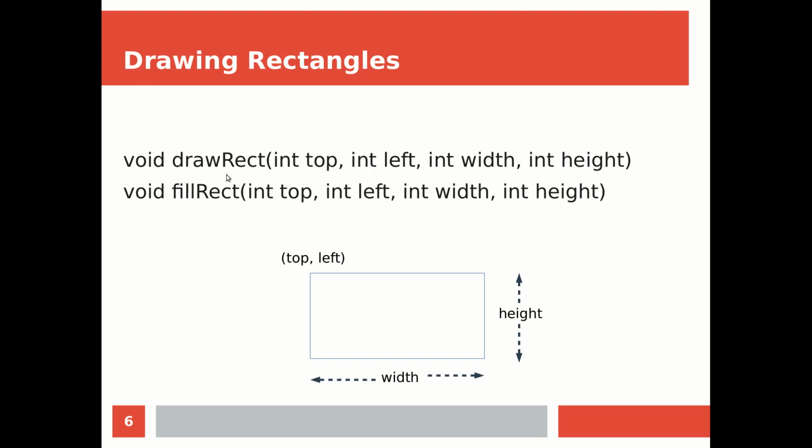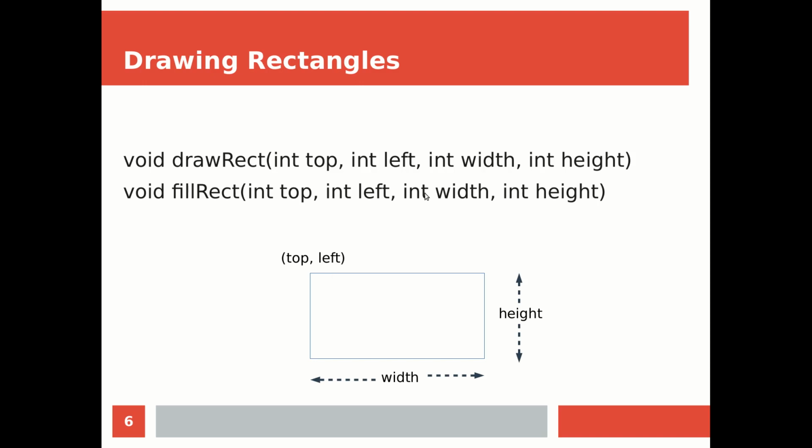And for this drawRect, it takes the coordinate of the top left corner. So here we have top comma left, these are two integer variables, and this top left together produces the coordinate of the top left corner of the window. Not really the window, but the rectangle.